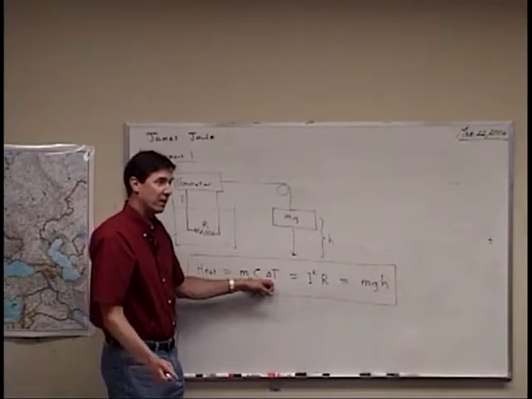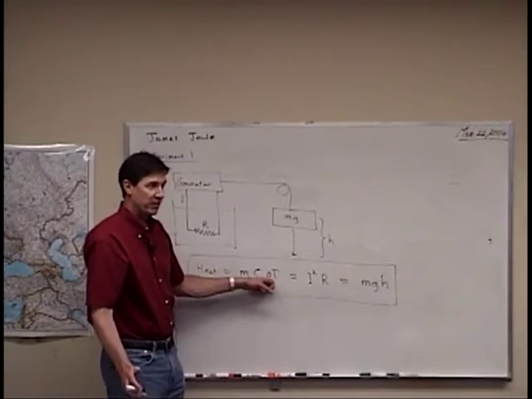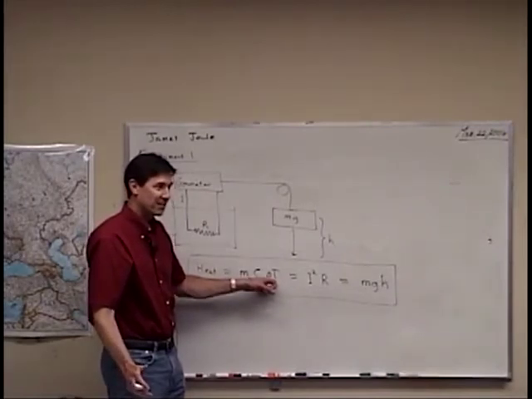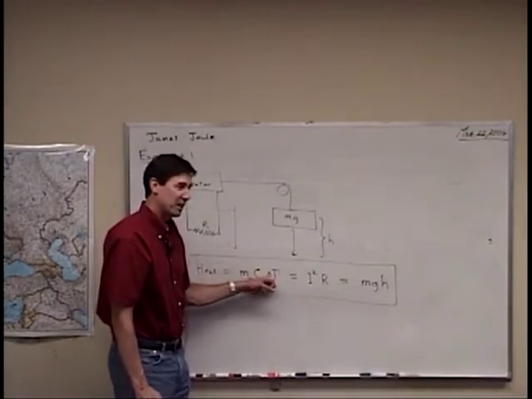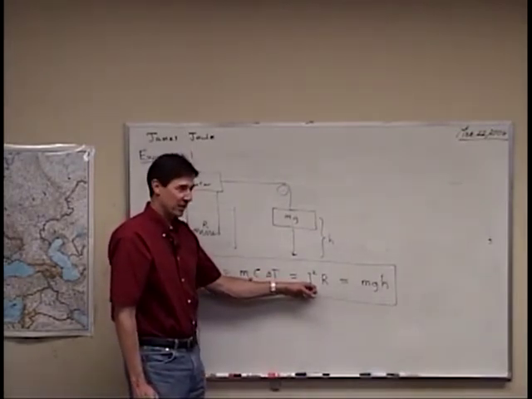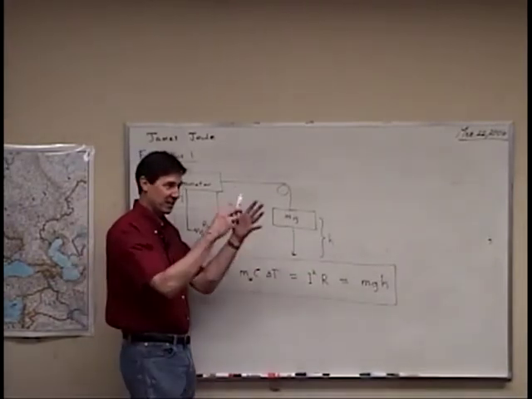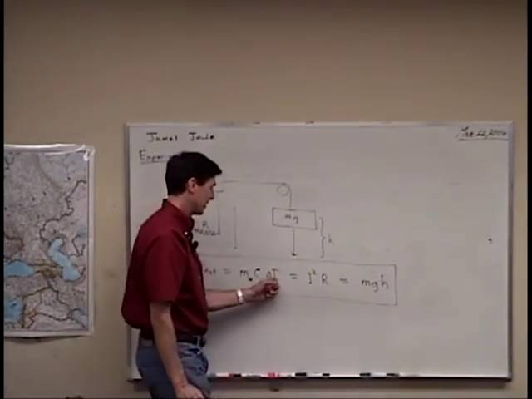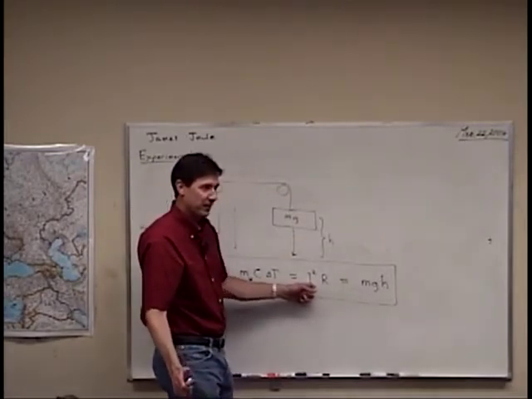Okay, so if he triples the current, it'll go up by a factor of 9. So he knows that the amount of temperature increase depends on the square of the current. He just finds that by taking data and seeing that the change in the temperature is proportional to the square of the current.